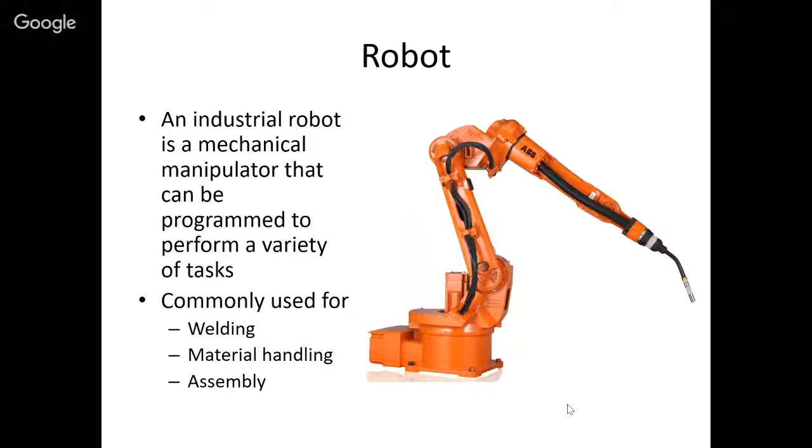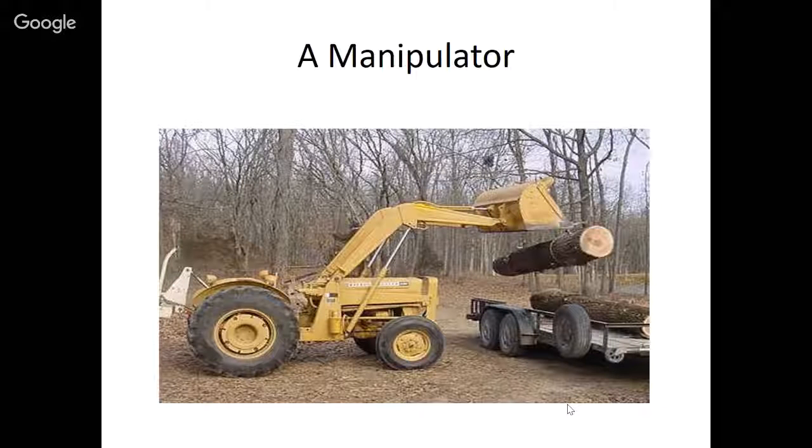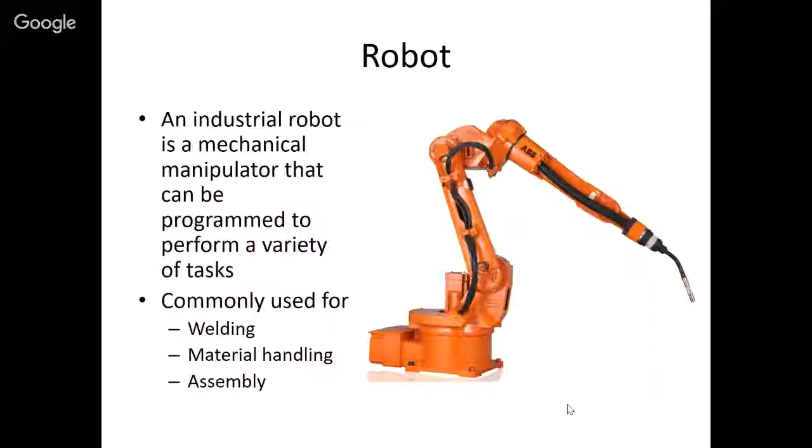The answer is the ability to be programmed. Whereas this mechanical manipulator is operated by the operator using a joystick, a robot is programmed. A robot can also be used by an operator using a teach pendant, but it also has the capability to be programmed, and that's where its strength lies. Its strength lies in two things: one is programming capability, second is the kinematic chain. The chain is in such a form.